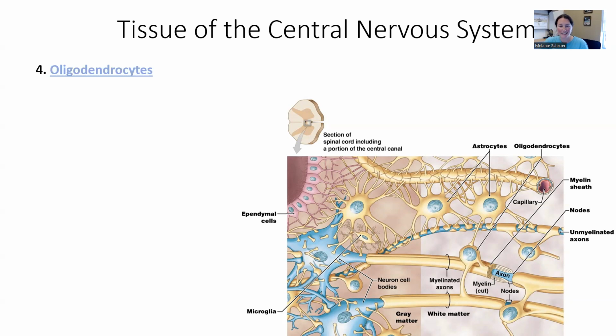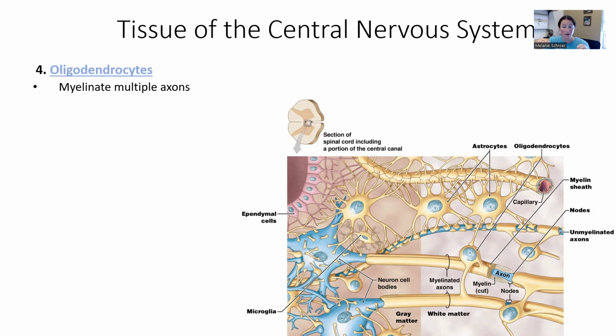Oligodendrocytes. These are the central nervous system's version of a myelinating cell. Okay, so we'll talk about what exactly that means in a second, but here is one of their cell bodies, and they have multiple extensions containing lots of fatty tissue, right?